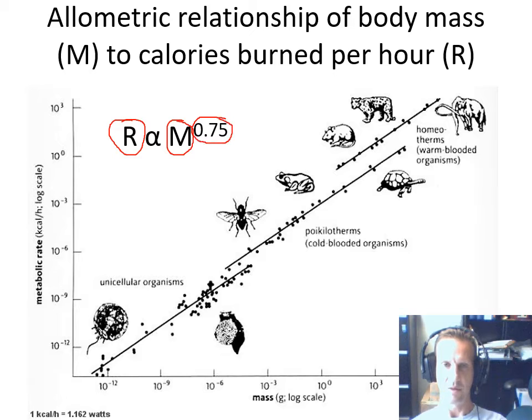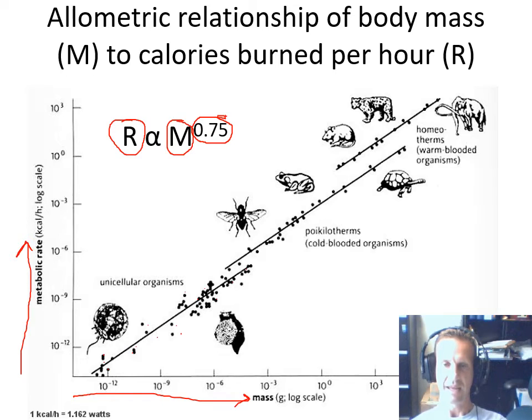It's not a one-to-one thing. So basically, that means that if you increase the mass by 100 times, the metabolic rate might only increase by 20 times or so. And we know this because we've measured the size and metabolic rates of many different organisms of many different types, and that's what's indicated by the little black dots that are plotted on this chart.